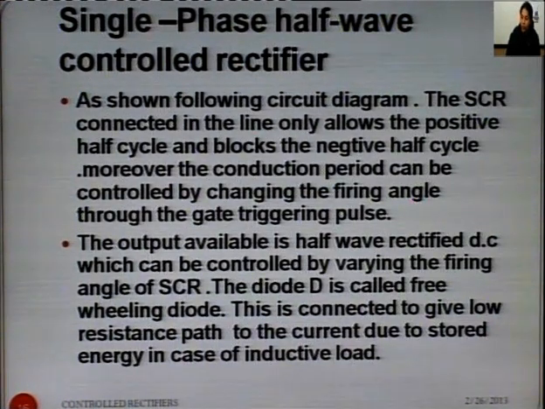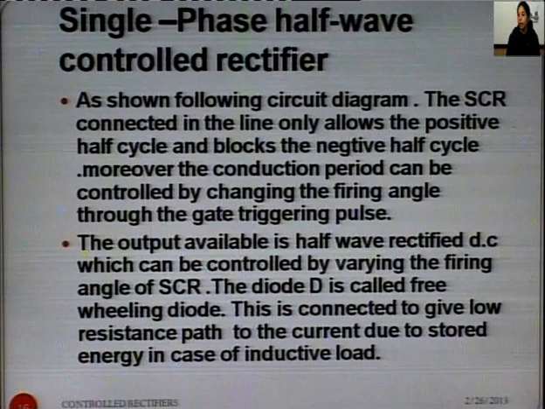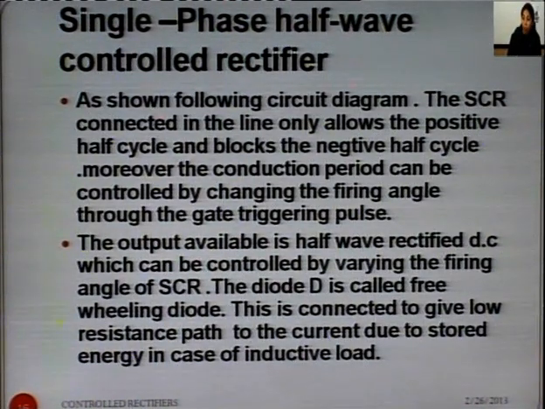Further, the conduction period of the SCR can be controlled by changing the firing angle through the gate triggering pulse. What is the meaning of firing angle? Firing angle is the instant at which your SCR is turned on, and this instant is controlled by the gate triggering pulse.